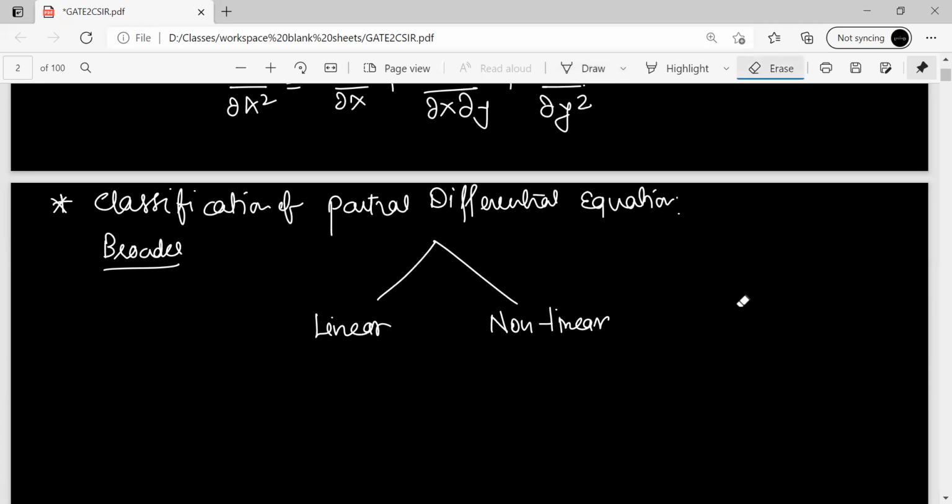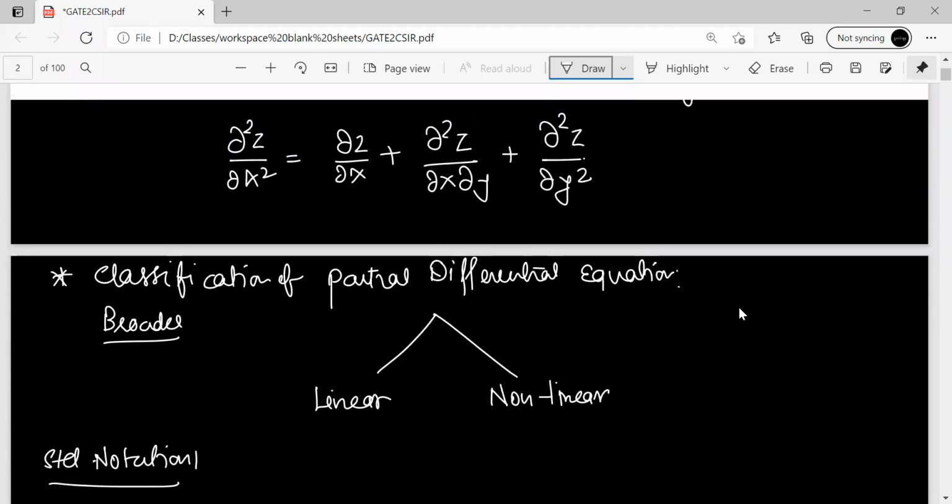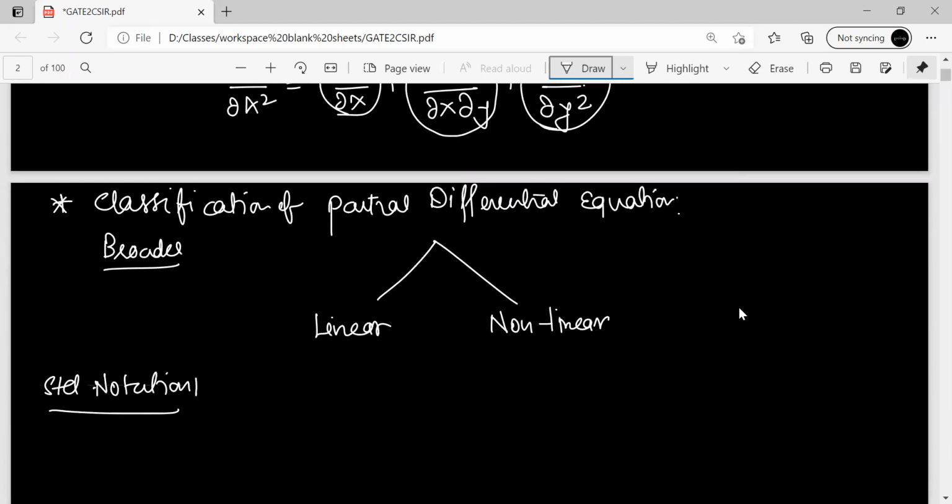But before that, I want to introduce one simple notation here, which I'll be using throughout my class. Standard notation. Most of the time people feel difficulty writing such big things, so for simplicity they have introduced simple notations, and they are standard.